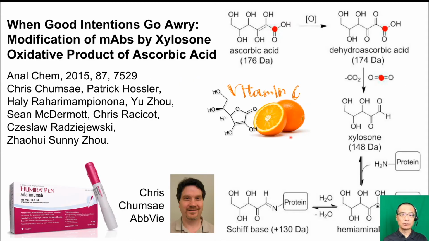The other example follows the same line, during cell culture engineering. The AbbVie team added ascorbic acid, vitamin C, to the cell culture because vitamin C is commonly used as a reductant to fight against oxidative stress.